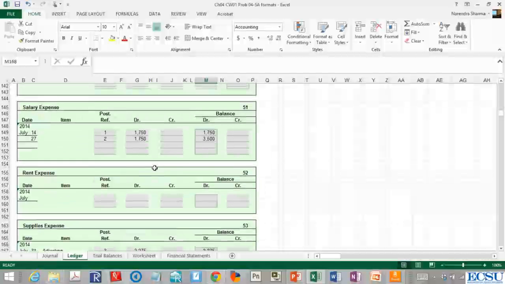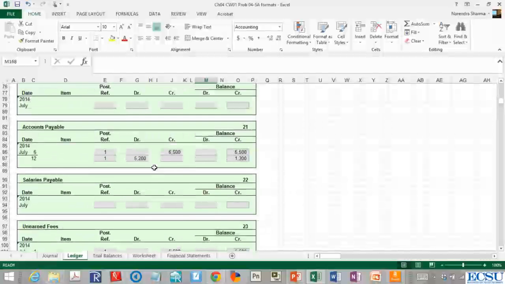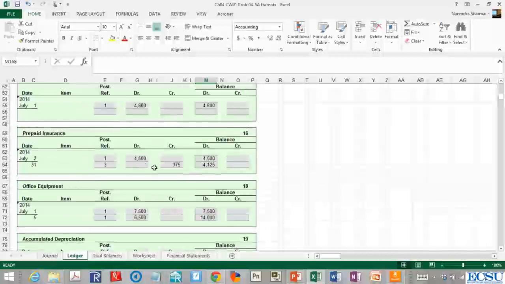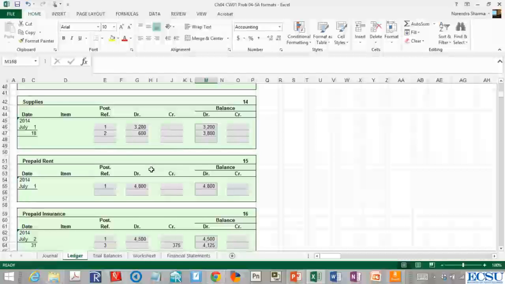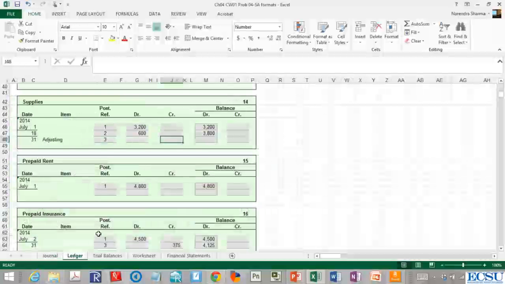Now what I need to do is, wherever I posted that 31 from journal page number 3, I need to write adjusting in the item reference. So before I do that, let me complete the supplies. Supplies is of course 31, and I'll have to write in the item column adjusting, and then it was a credit. It was a credit of what amount? Credit of let us say 2275.